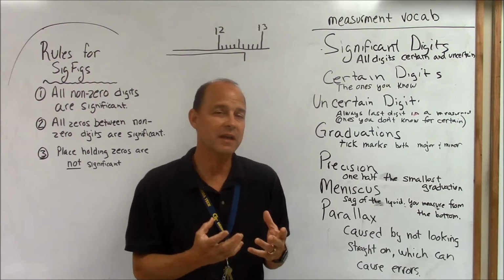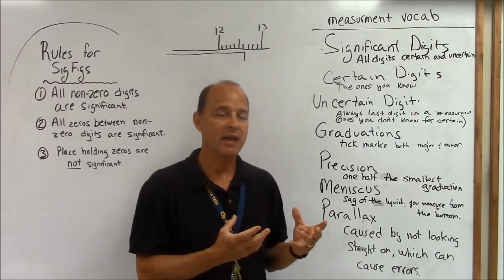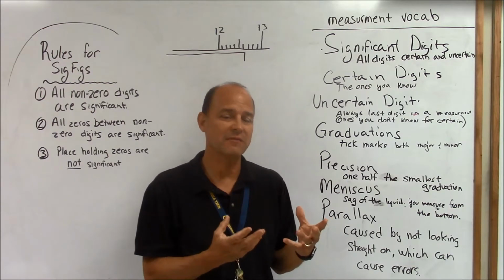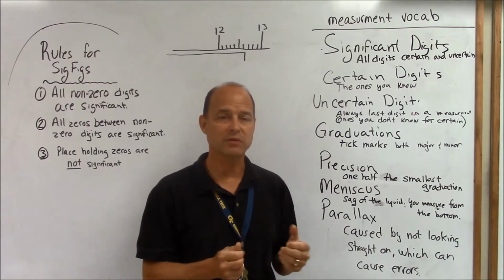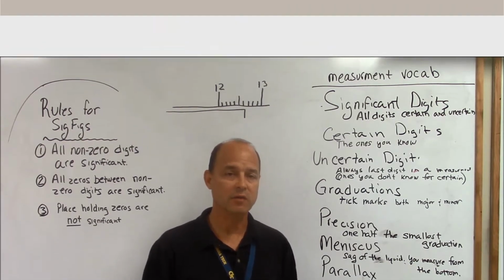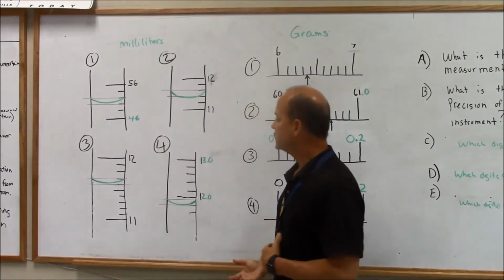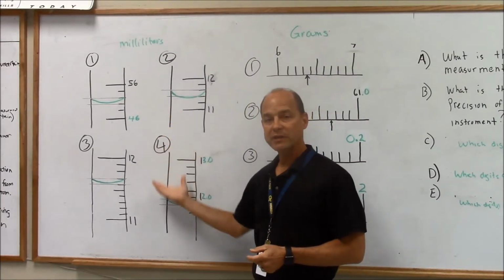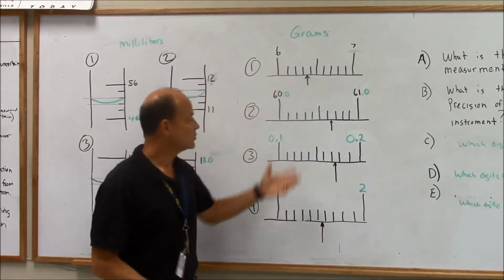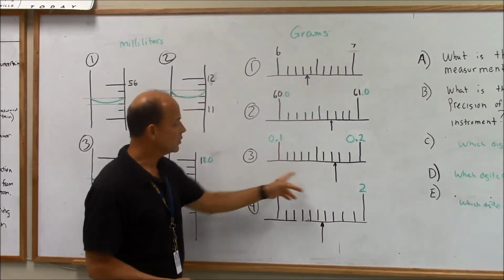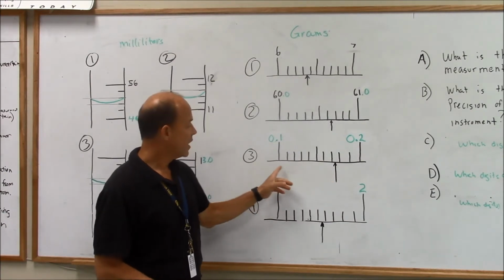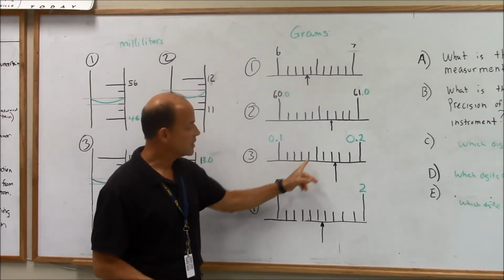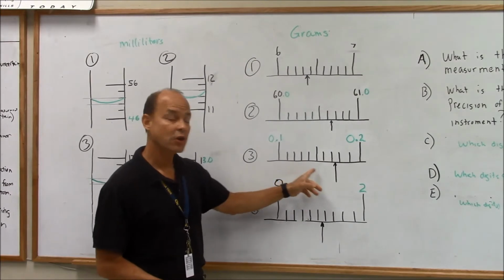So I really need to back up a little bit and tell us, where did these significant figures come from? You'll remember that we did lots of measurements with the graduated cylinder and the triple beam balance. You were able to read these scales, these graduations, these tick marks, in order to determine your measurement.